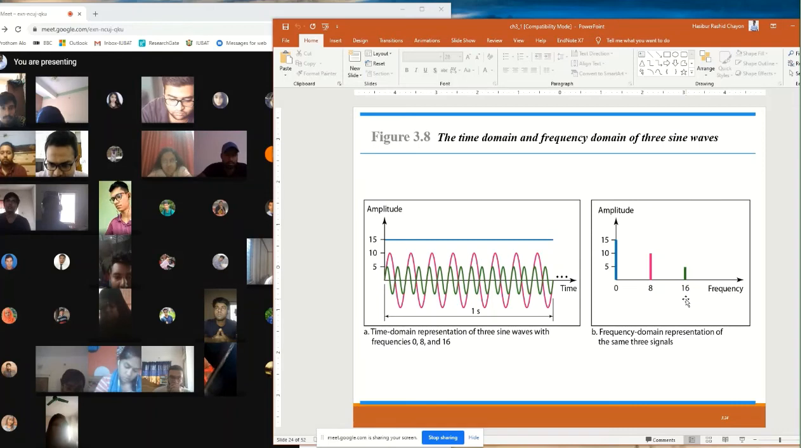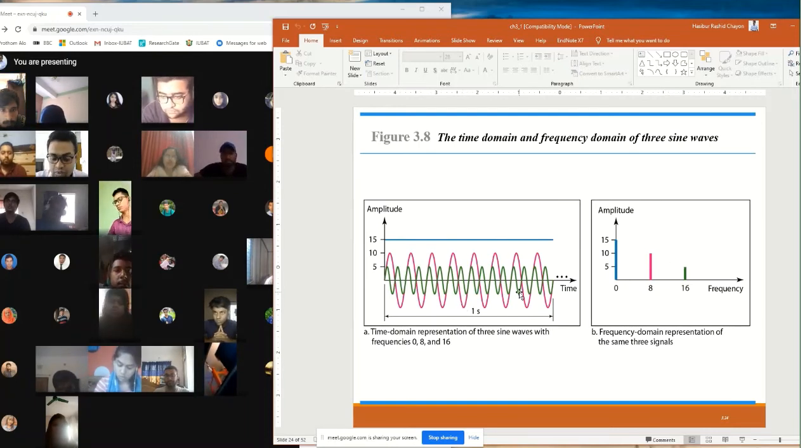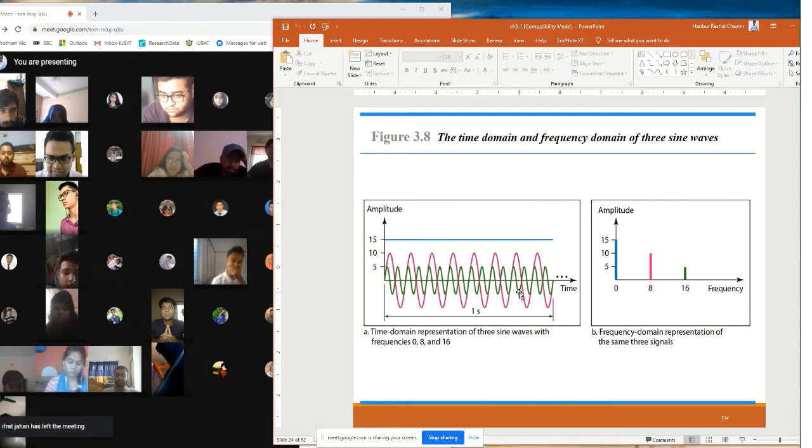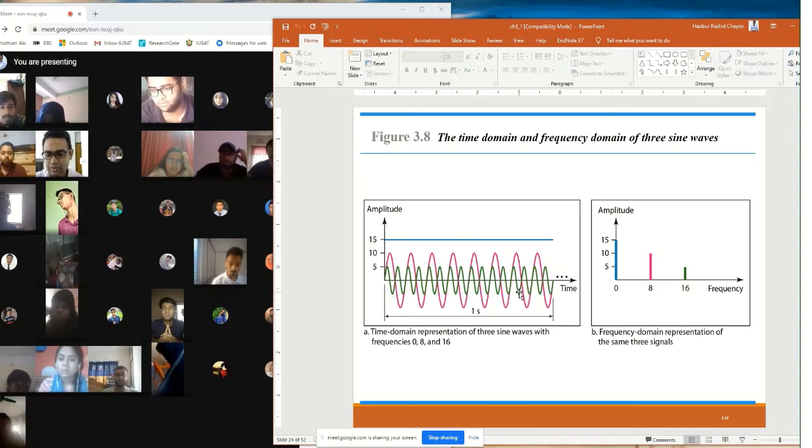That is the definition. Let's see how you can convert from time domain to frequency domain, or frequency domain to time domain. One more thing, you can represent any signal by either time domain or frequency domain, and both of them should be the same.